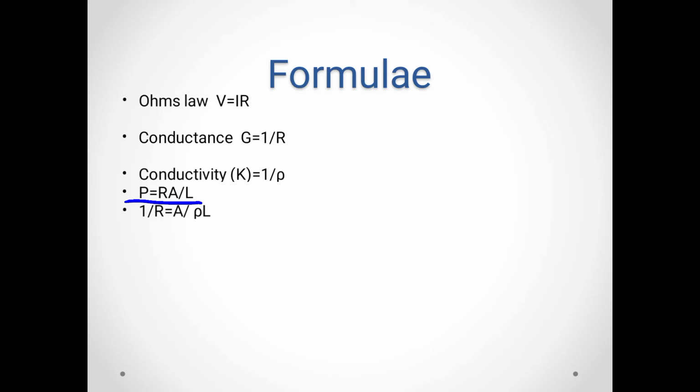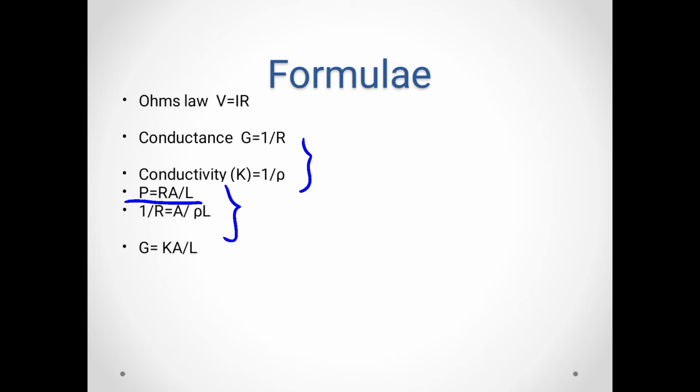So 1 by R, which is conductance, is A upon rho L. You just have to play around with these formulas. The basic formulas that you remember are just these three, and then you play around and get your formula.